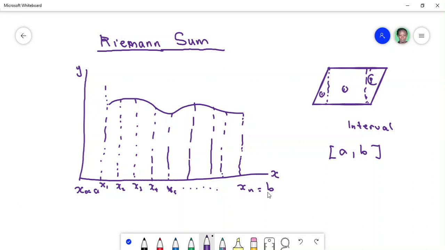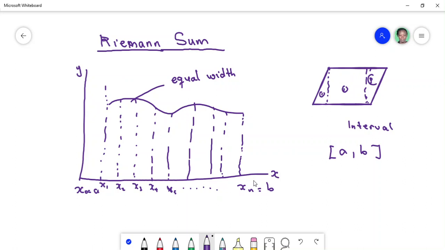You partition in such a way that you have equal width. Your width should be equal. So we have equal width, which is very important. And the corresponding points, the sample points, will correspond to the right end points of the sub-intervals we have.